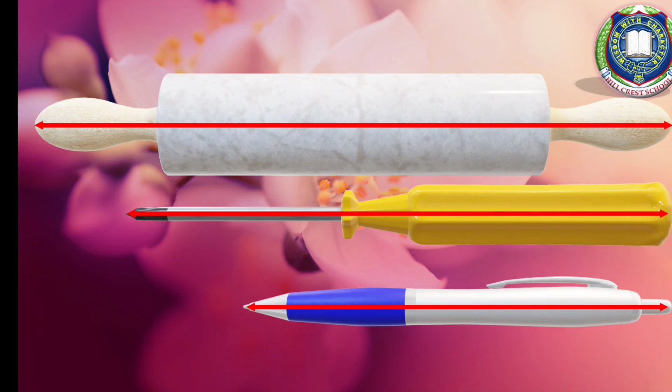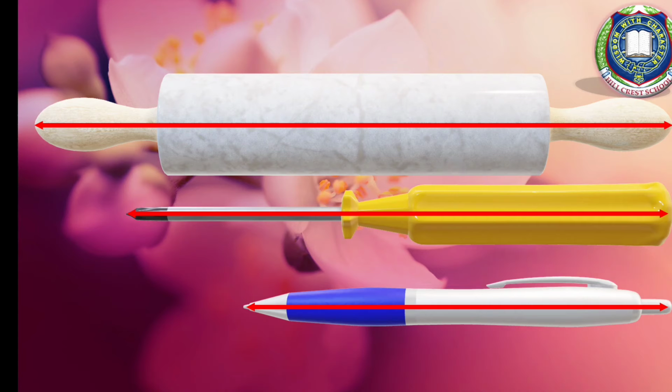So now we understand that the rolling pin here on top is the longest of all the three things, and the pen here is the shortest of all the three things. Or we can say it this way: the screwdriver is longer than the pen, the rolling pin is longer than the screwdriver.